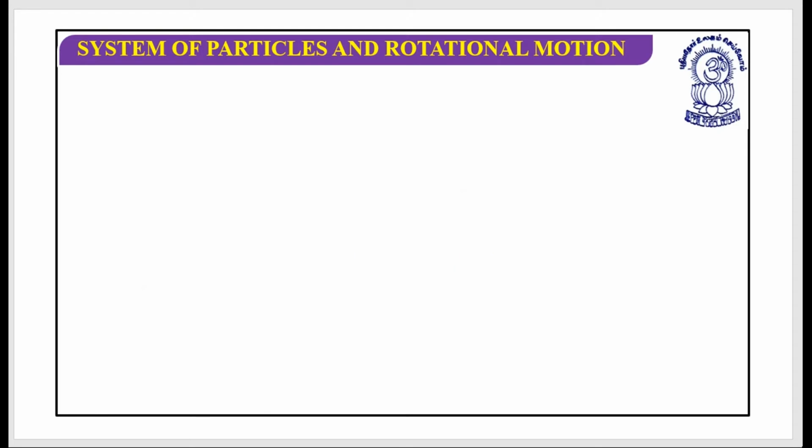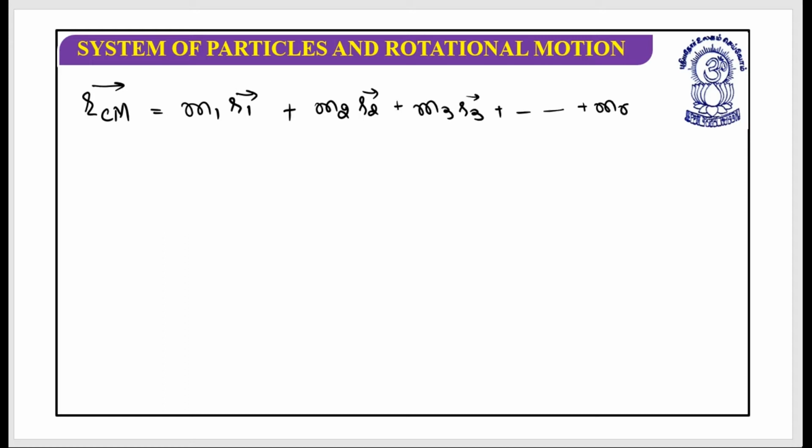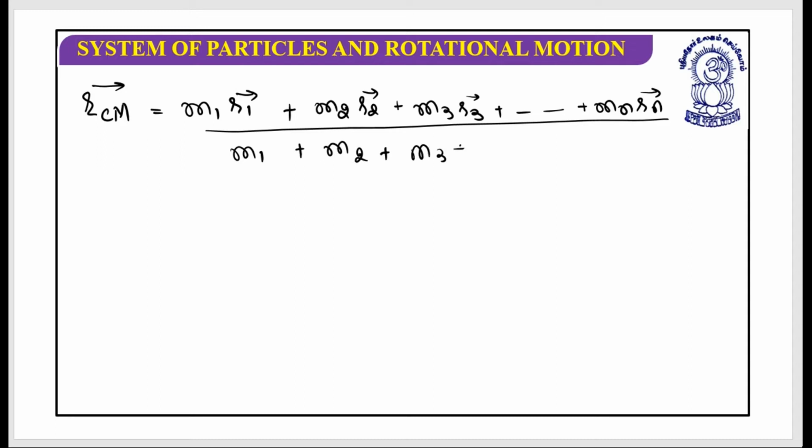In the previous class we were discussing that the position vector of the center of mass for n particles could be written as RCM equals m1r1 plus m2r2 plus m3r3 up to mnrn, divided by m1 plus m2 plus m3 up to mn.